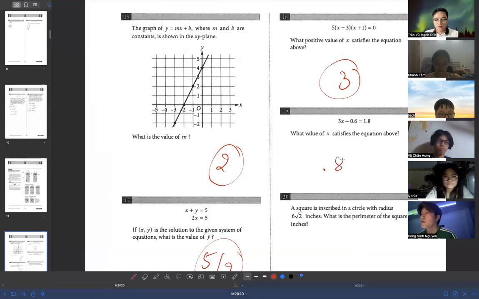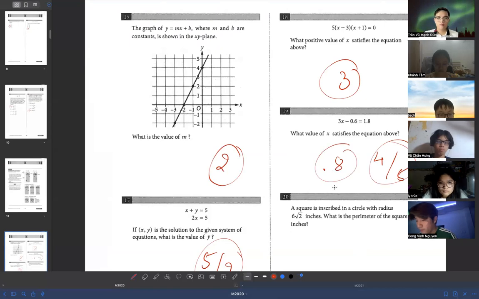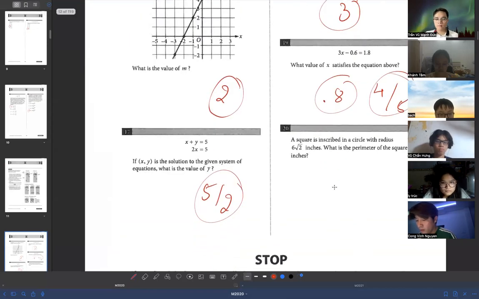Okay, 0.8 or 4 over 5. 20. 48. All right, 48. The perimeter of a square in inches.